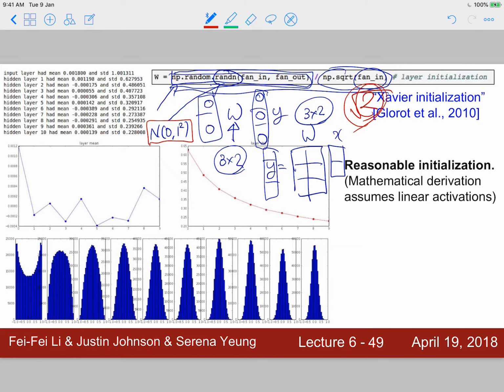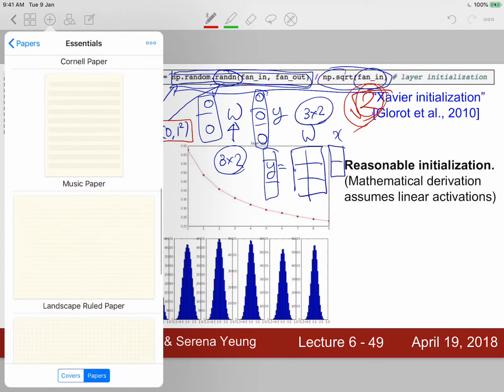Can anyone give some intuitions about the reason? The intent of it is to control the variance to have the same value.